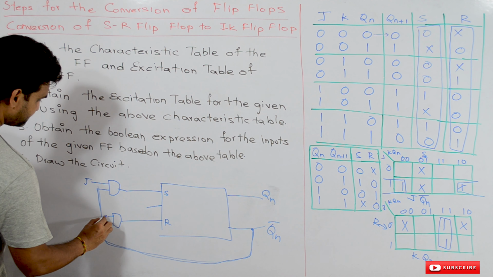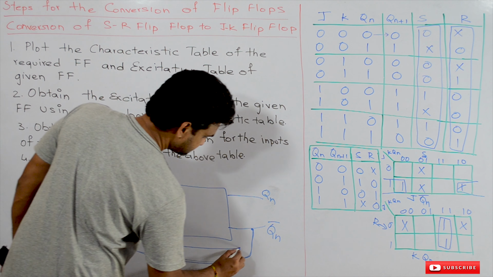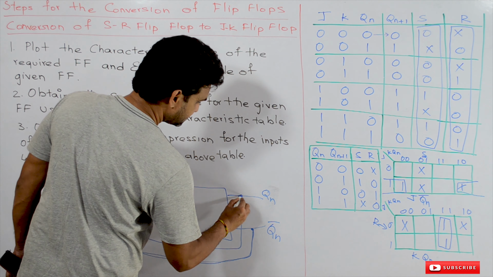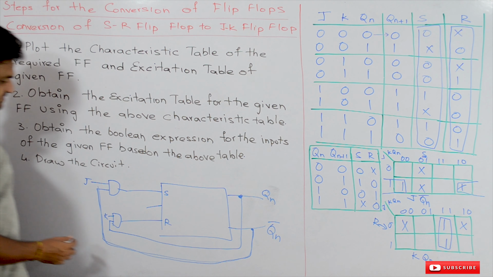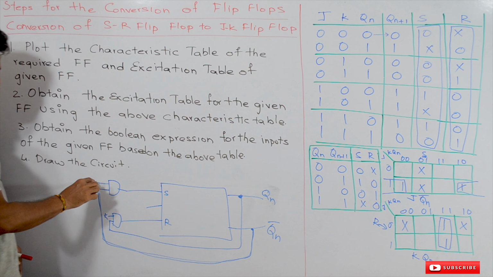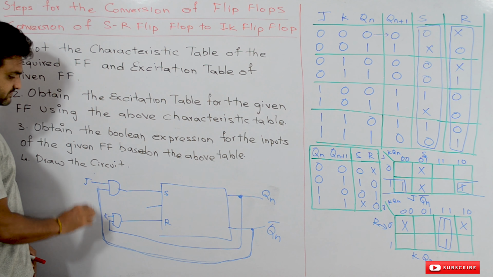So one of the inputs is K and the other input is QN. So QN means this one. Okay, so this is the circuit, and combining all this will become a JK flip-flop.